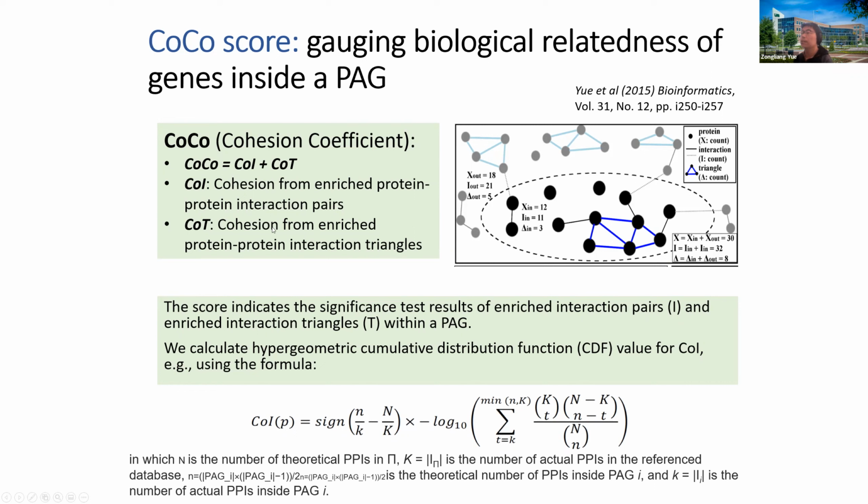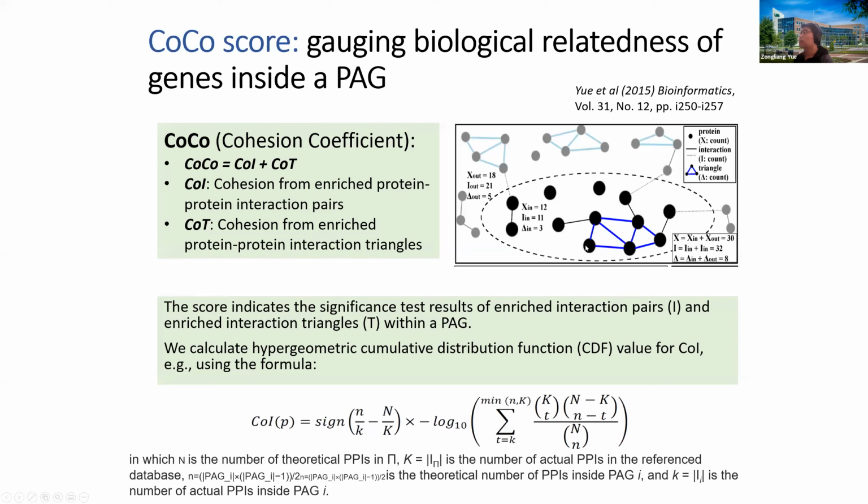Co-T applies the same principle, but instead of protein-protein interactions, we consider triangles. For the background, we count the theoretical number of possible triangles, and also the observed triangles in the background.